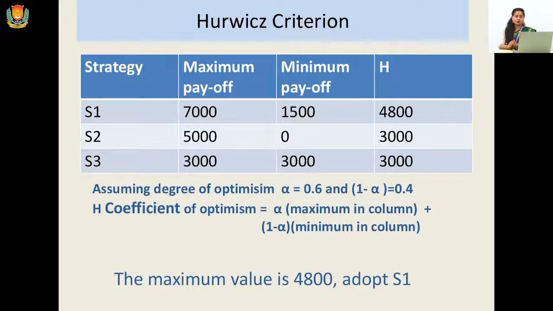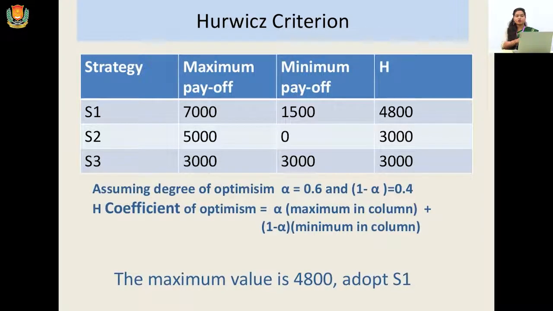Then, according to the situation, strategy one has the Hurwicz payoff table for the 4800, which we have calculated, and 0.6 is given over here. Assuming the degree of optimism is alpha equals 0.6, if we calculate 1 minus alpha, that means 1 minus 0.6 will give you 0.4.